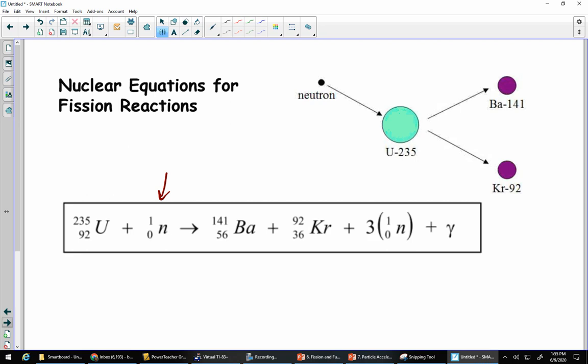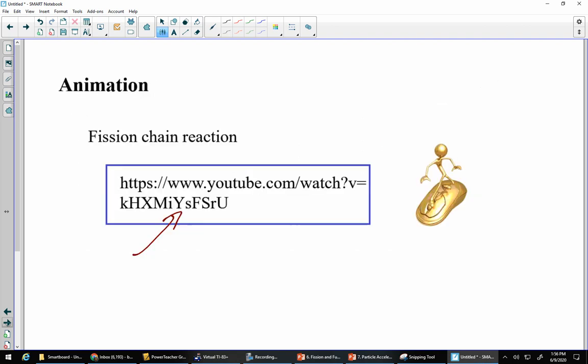A slow-moving neutron attaching itself to a uranium-235 nucleus becomes uranium-236, which immediately splits apart into 2 smaller nuclei. Oftentimes you'll see barium and krypton. They're very common. And then of course we have 3 neutrons being given off, and sometimes we see gamma radiation being given off. Cool. There it is.